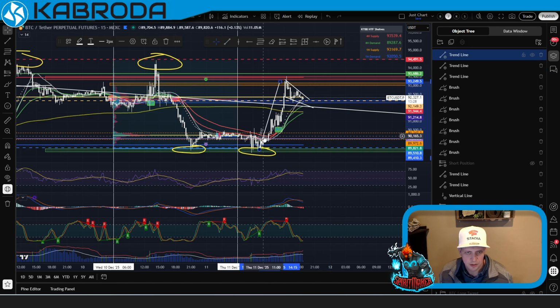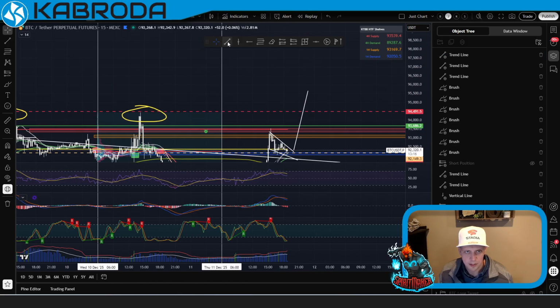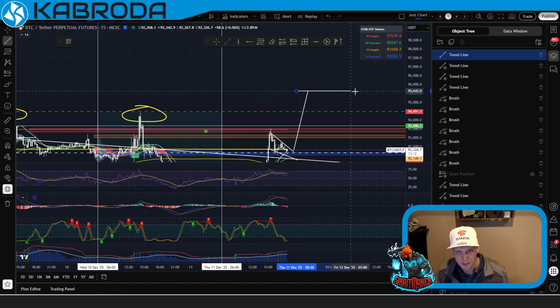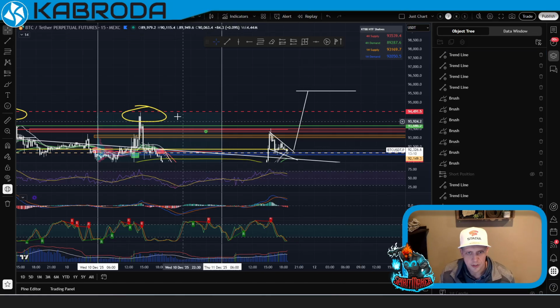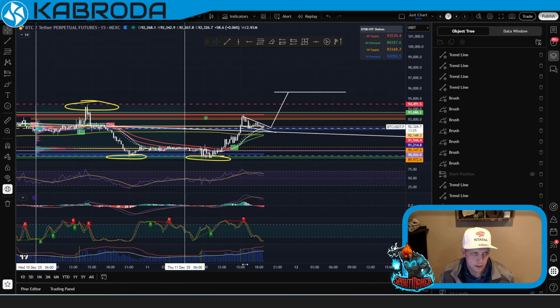So this is kind of the breakout. You could come back down into here because that was the area that was being tested, and we got the nice run. And if we are going to break up, this could run us up into this area right here, which is right around that 95,600 range, give or take. So that might be a possibility.